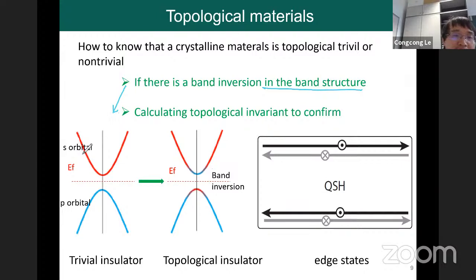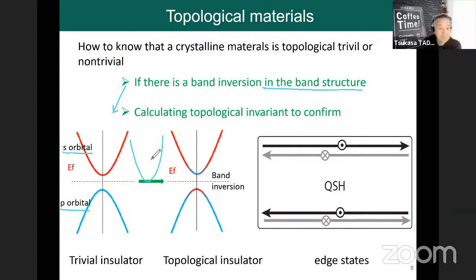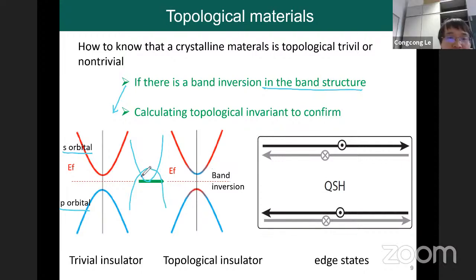If the conduction band is from the s orbital and the valence band from the p orbital, then if we change the parameter, maybe the conduction band goes down and the valence band goes up. Then they cross and open a gap.